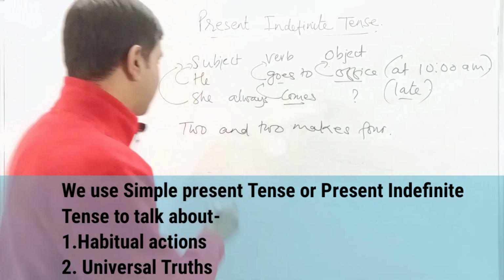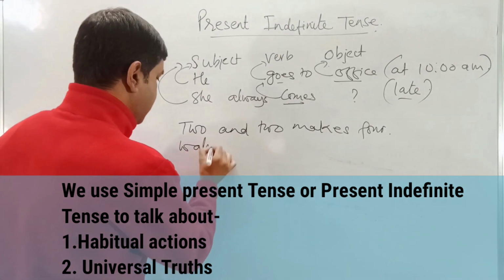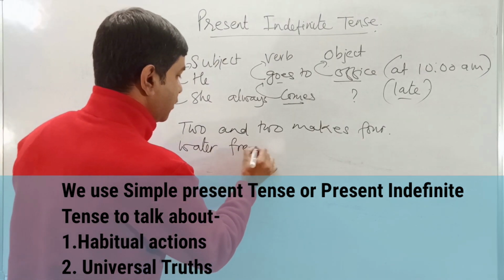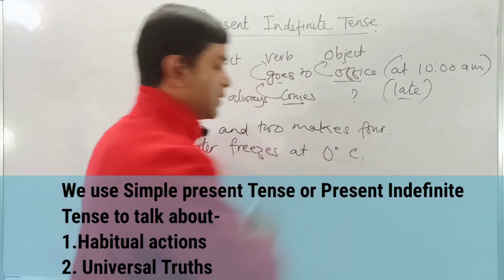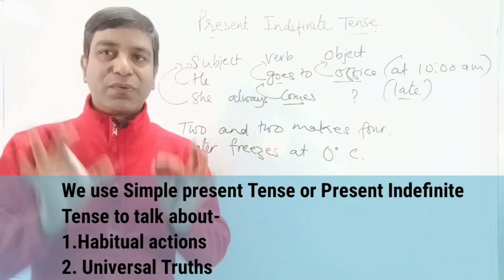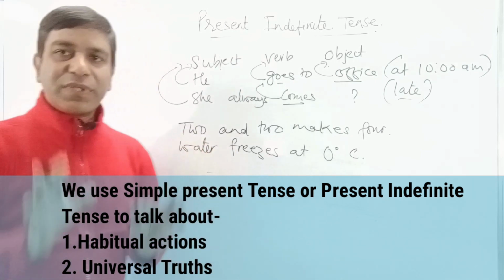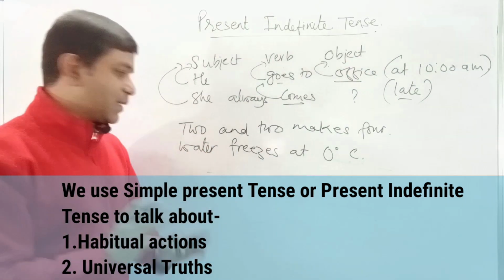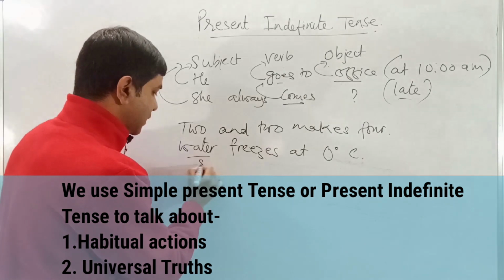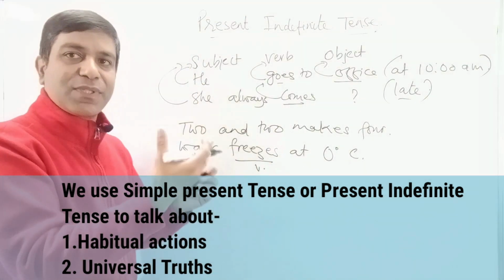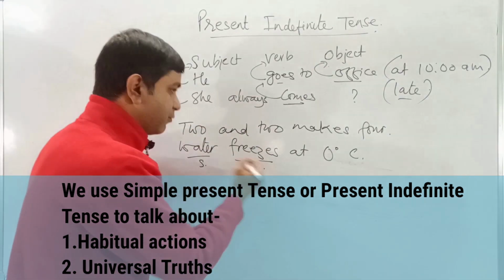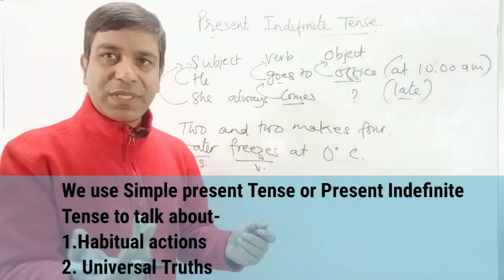Let's take another example. Water freezes at 0 degree Celsius. So this is also a universal truth. In this sentence, water is the subject, freezes is the verb. What happens to water? It freezes. So it's a verb. And what is the object? There is no object.